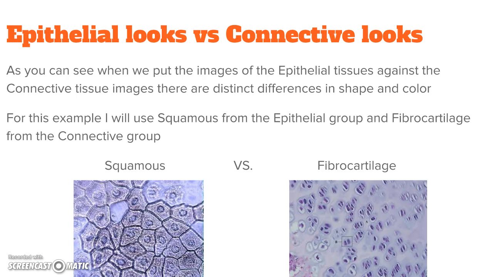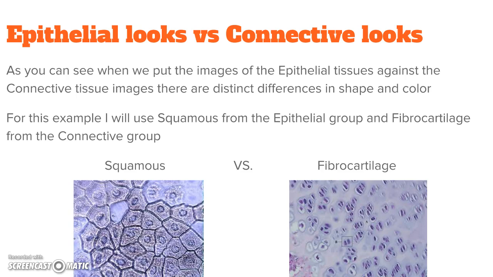Now if we compare how epithelial looks versus how connective looks, you can see the difference in the way they are shaped and their color. But I'm going to use some that are kind of close in the way that they look in color, not so much shape but color.